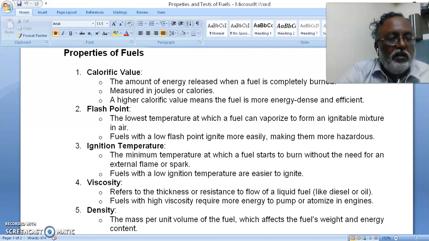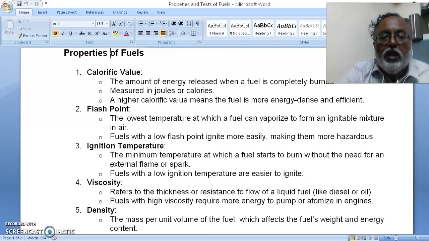The fifth property is viscosity, which is a more important property, and every fuel should have its own viscosity. Viscosity refers to the thickness or resistance to flow of a liquid fuel like diesel or oil.